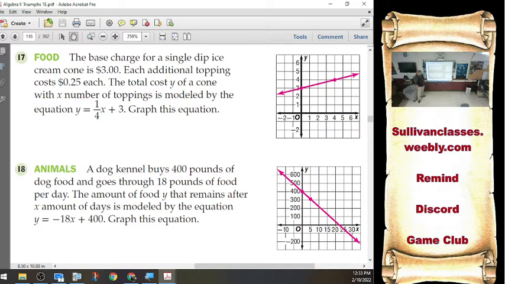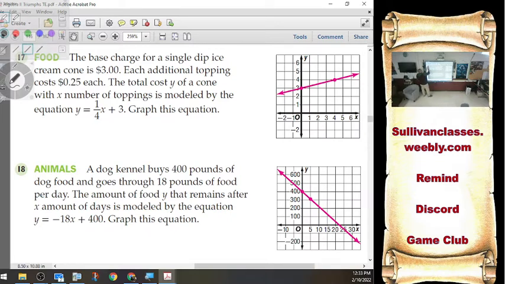18. 18's tough because how do you go down 18 over 1 when the scale is going by hundreds and fives? Okay, you can't just wing it and say, well, I think it goes that way. Y'all remember Jesus fish? Okay.